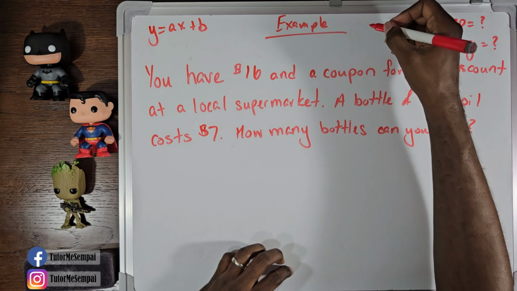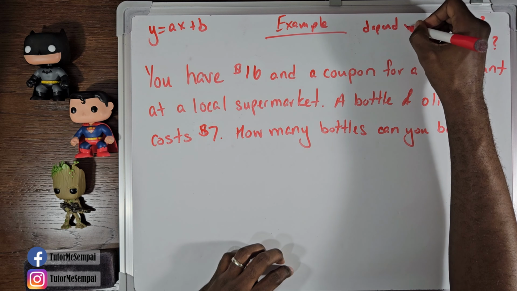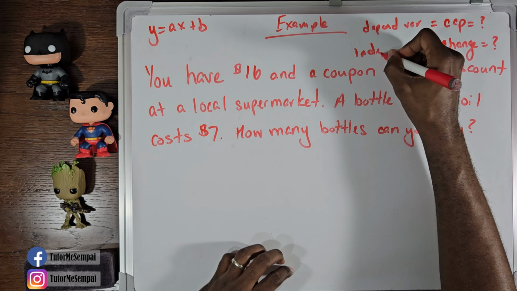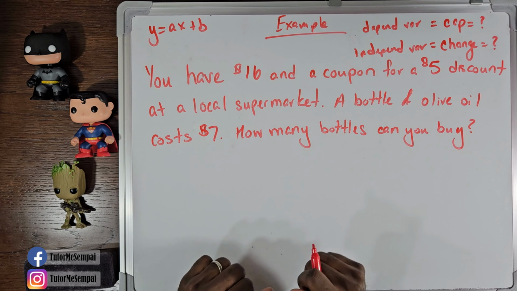Well, your cap is going to be your dependent variable, and your change is going to be your independent variable. If you have all of these things, if you remember what your general form for your linear equation looks like, if you can find your cap and your change, you can put all of it together and you can create the linear equation that's in this word problem.